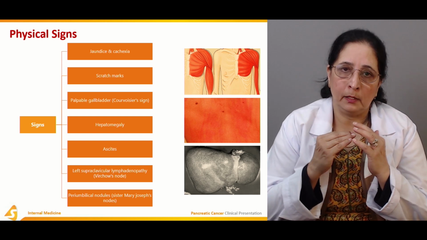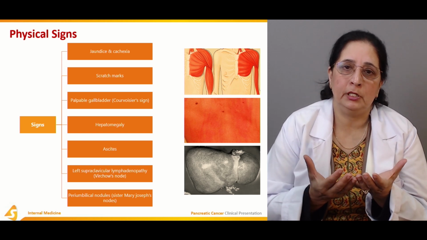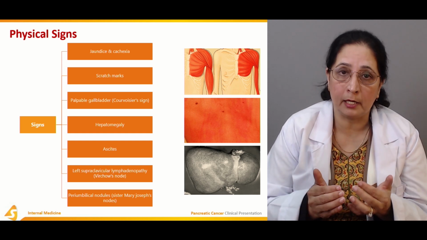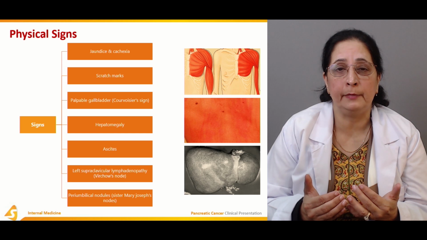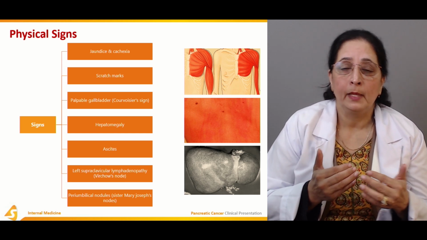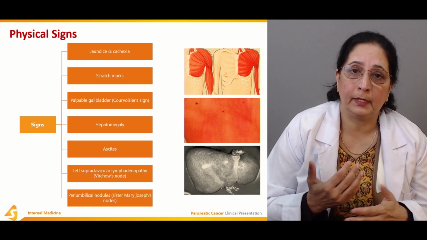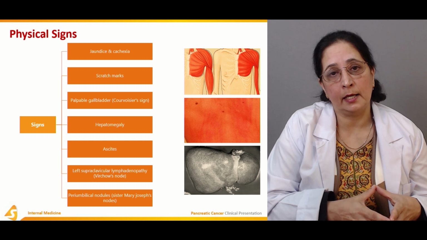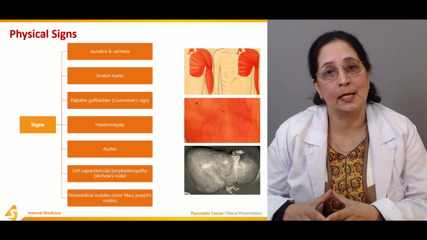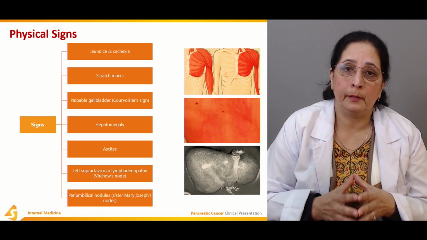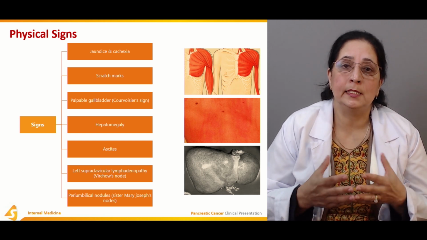So on physical examination, if there is pancreatic cancer present, it's not hard to suspect. It is associated with jaundice, itching and pruritus, but these are also the signs and symptoms of hepatitis, liver problems and biliary disorders like cholecystitis.